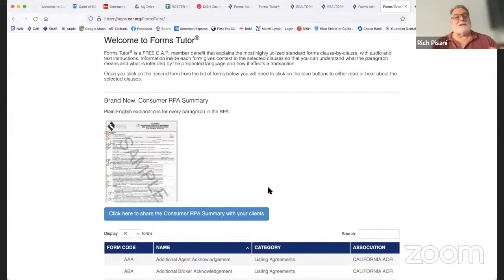If you have any questions about any part of it, it will explain it. You can also send it to your sellers to say, hey, this is what the offer is going to look like when we get it. So you click here to put in your client's email address.